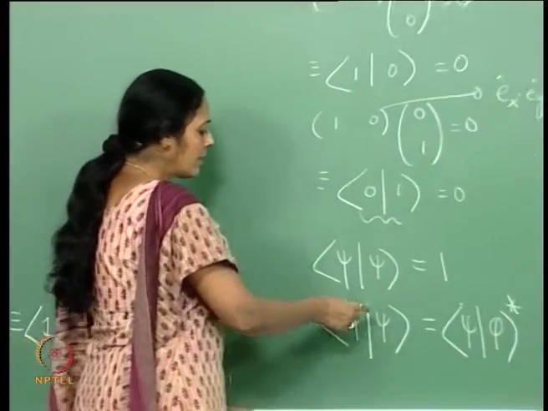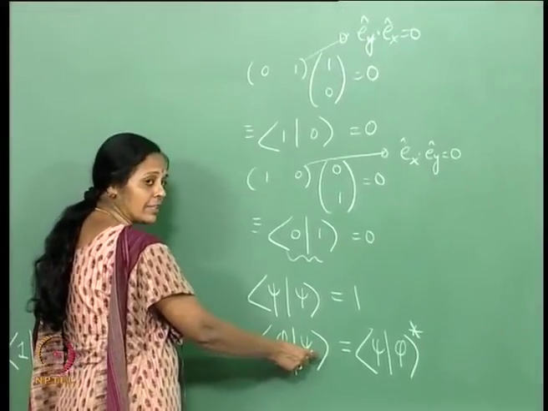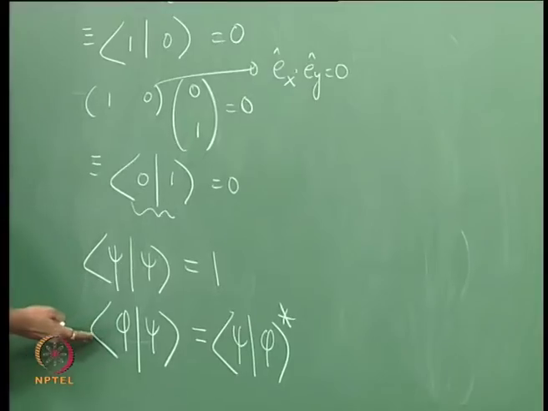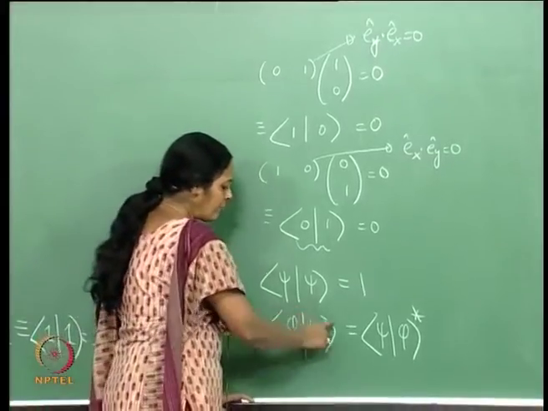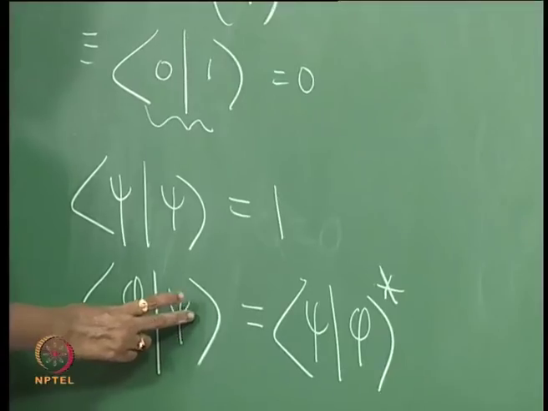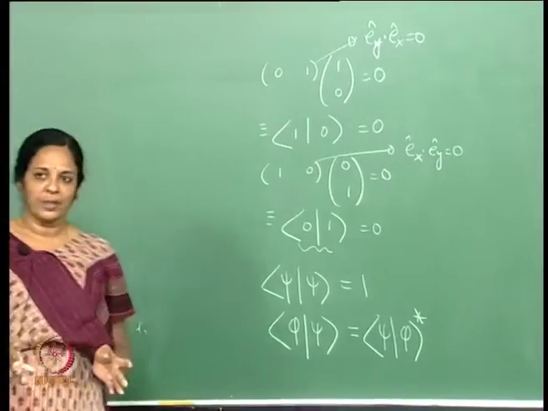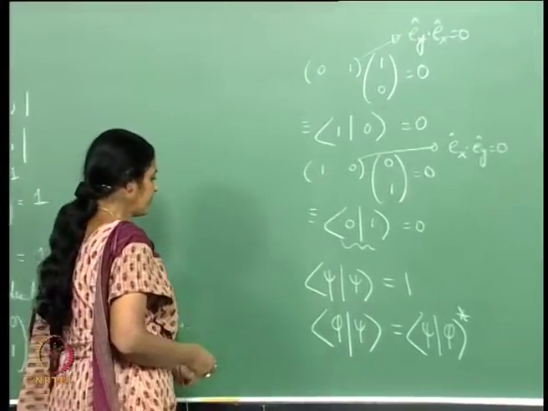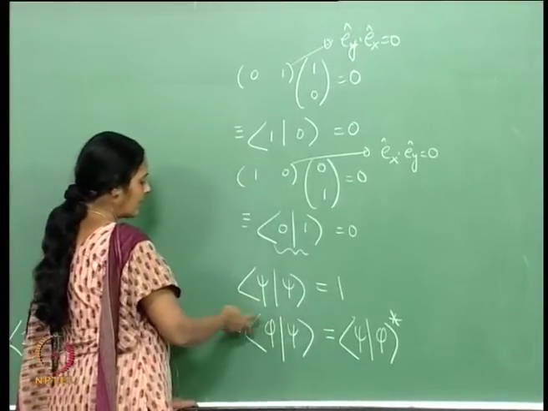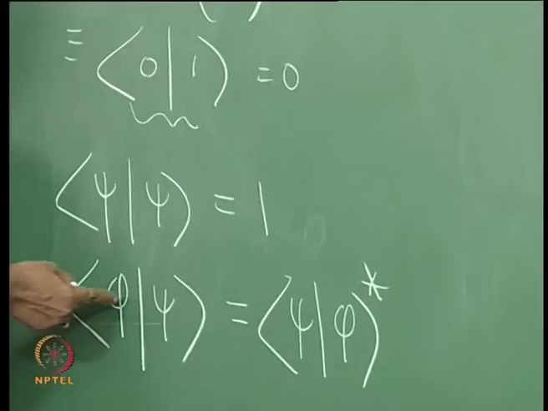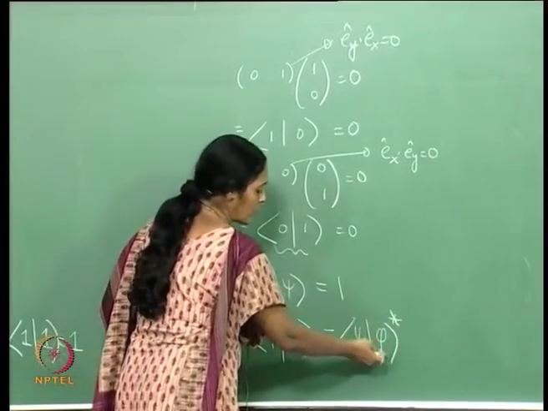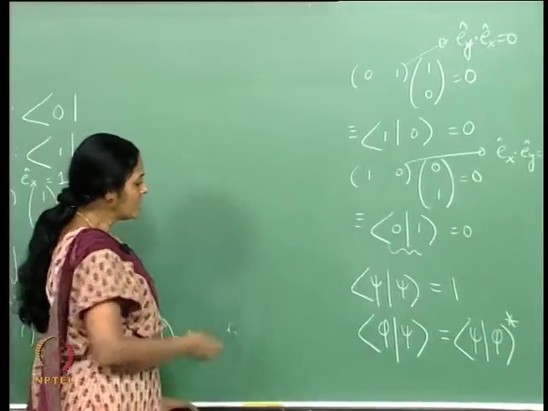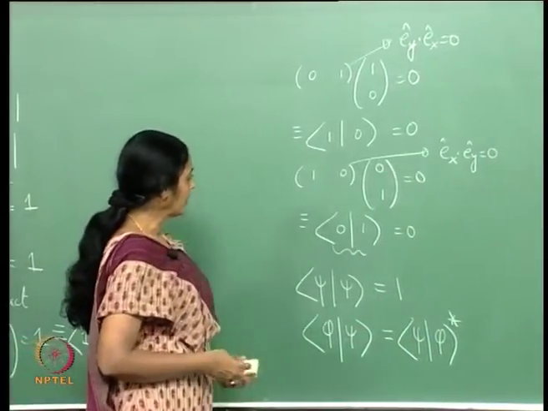And therefore, if the element of the linear vector space has complex entries, then when you do the corresponding bra, every entry you have to take its complex conjugate, and therefore the general statement is that an inner product could be a complex number. And it is clear that if you work with ket psi bra phi, this number is going to be the complex conjugate of that number. So, this is a property of the inner product.